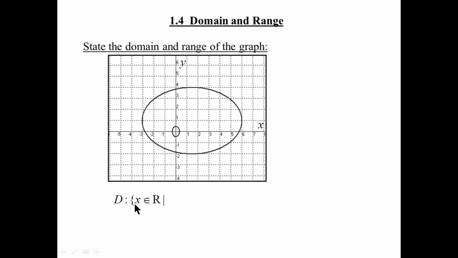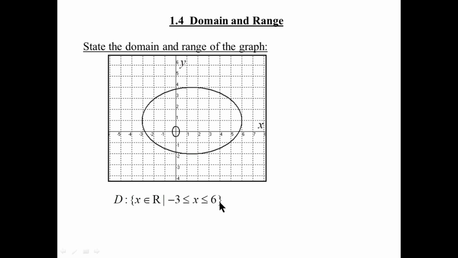So this is the domain is the set of x is in real numbers such that, and the lowest x we see is -3, while the highest x we see is 6. So we put x in between -3 and 6. And that's what you would say in conversation. Where's x? It's in between -3 and 6. And so there it is.